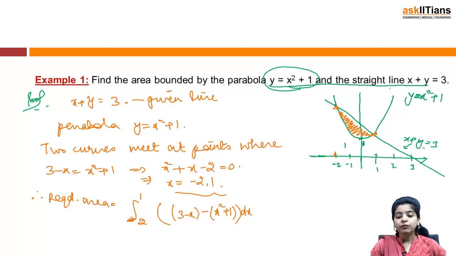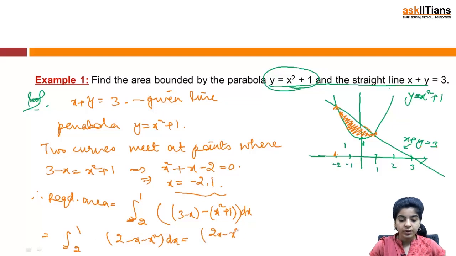So y from the equation of line is 3 minus x, so we have area enclosed by this line minus area enclosed by the parabola. That is integral from minus 2 to 1 of (3 minus x minus (x square plus 1)), which is (2 minus x minus x square) dx, and so you have 2x minus x square by 2 minus x cube by 3 from minus 2 to 1, and you will get your answer as 9 by 2 square units.